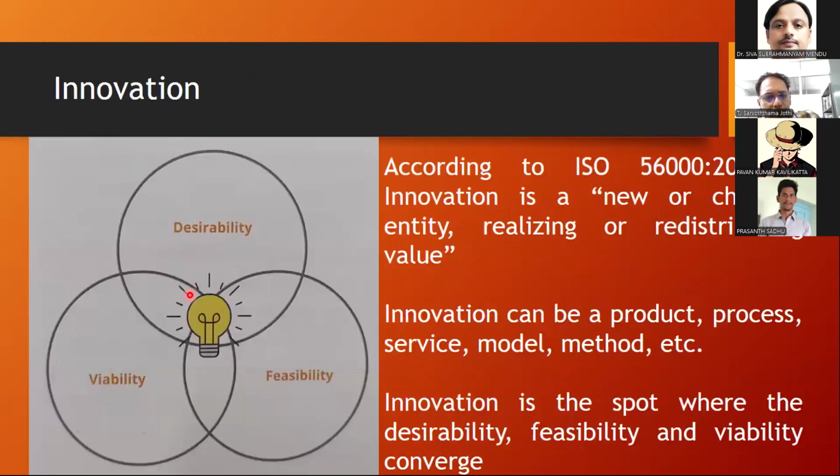So whatever you are generating, whatever you are developing, whatever ideas that you are trying to make into an innovative product, it should converge to this point, okay, it should converge to this spot. There is a desirability, or why such a product has to exist, so that is the desirability and viability of the product.